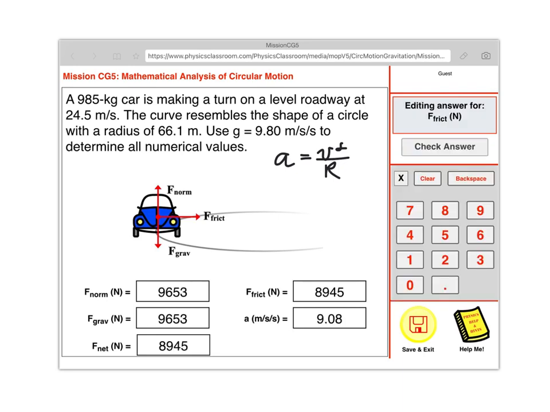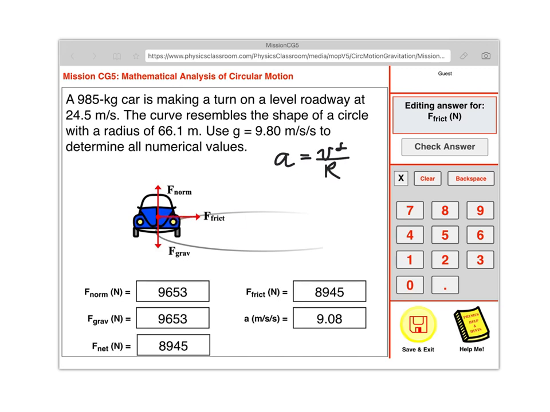Okay, it does take a little time to do that, so that's just mg, and there's no acceleration this way, so the sum of the forces in the y direction would be 0, so the normal force in this case has to be equal to the gravity force.